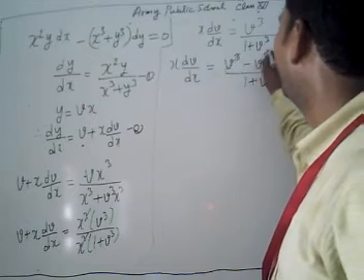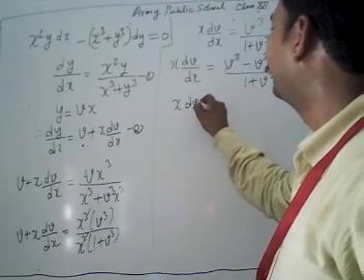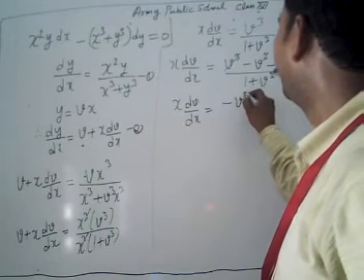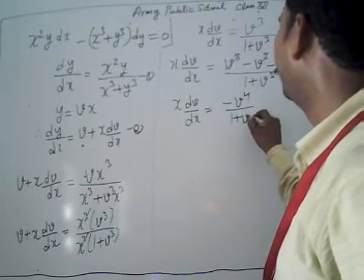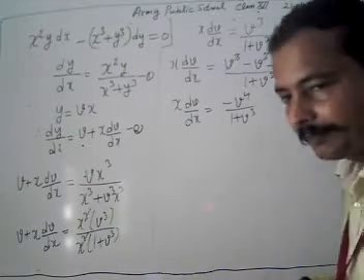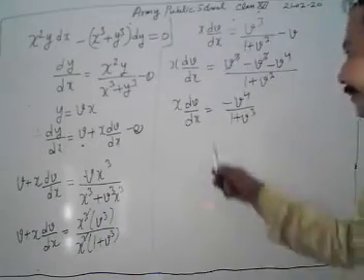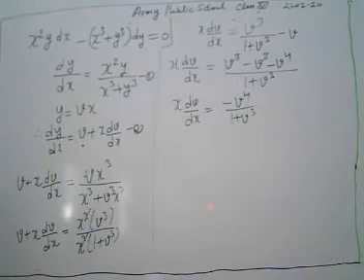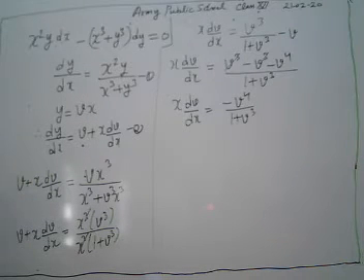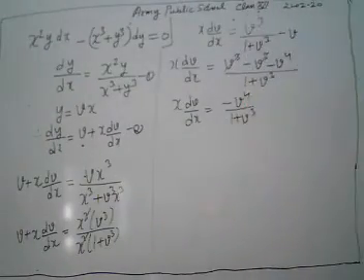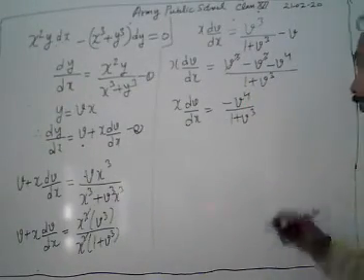Now it cancels out, then we have x dv by dx equal to minus v to the power 4 upon 1 plus v cube. Now we are not able to solve it further. Now we have to separate our variables.